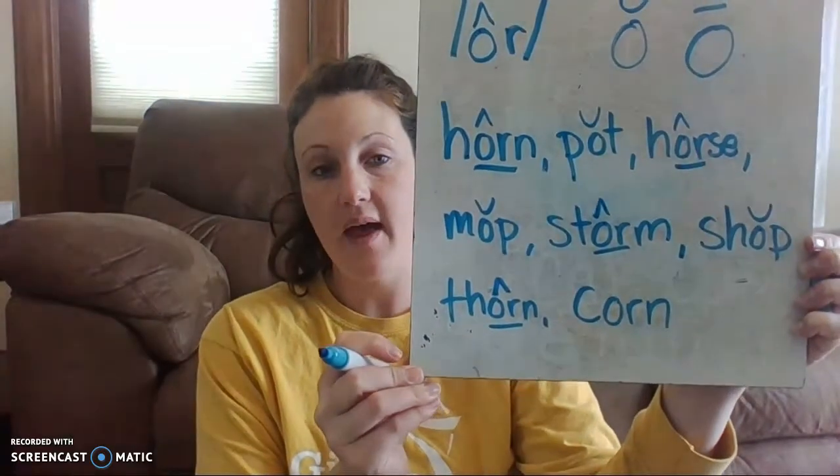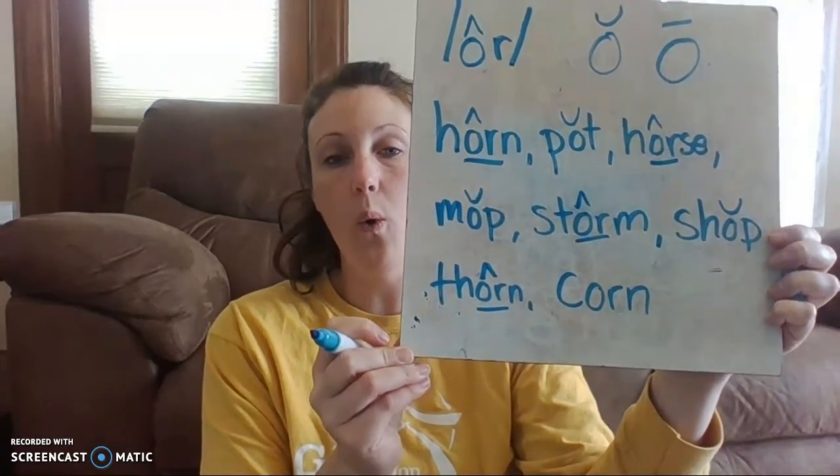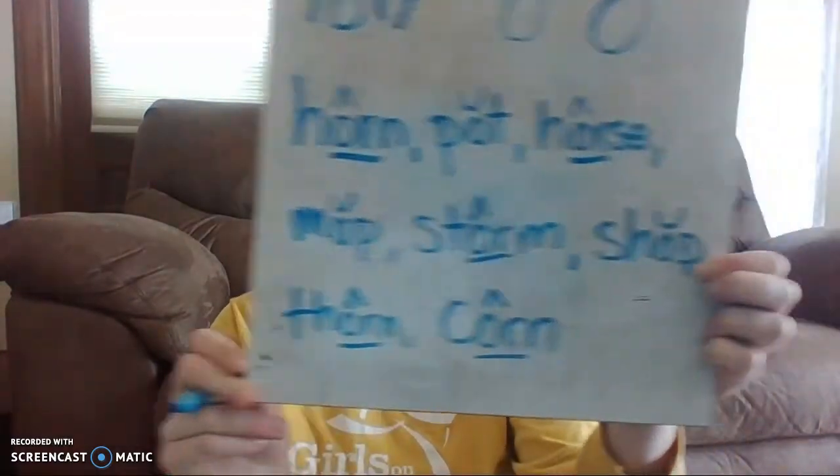So that's R controlled. And then the last one is corn. That's R controlled again. All right. Hopefully you got all of those.